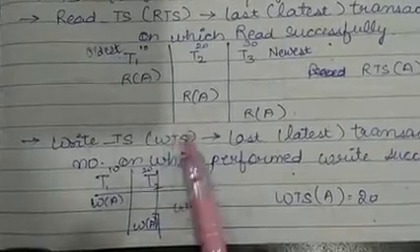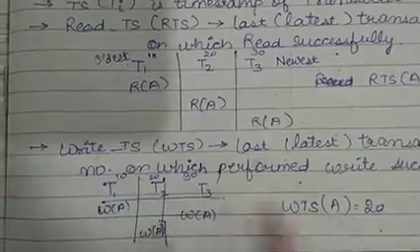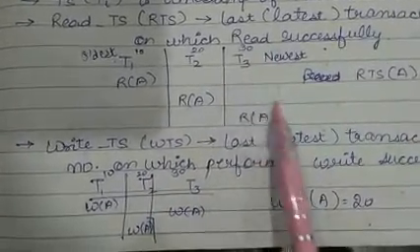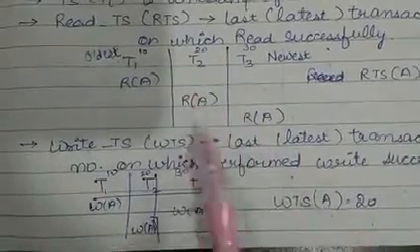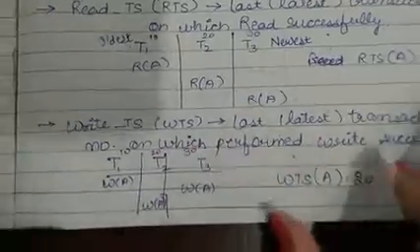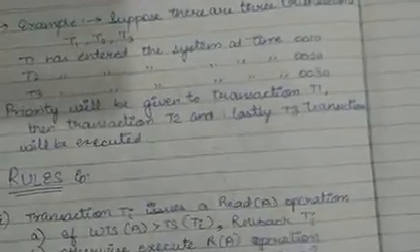So when I'm trying to write WTS A, then it will give me the value as 20. So the last read successful value is RTS and the last successful write value is WTS. And this is because I am considering the values of variable A.